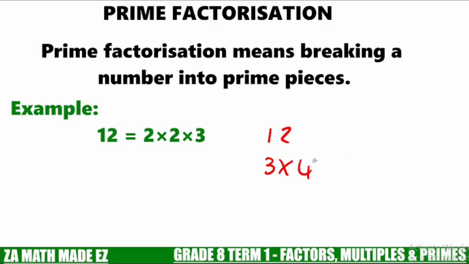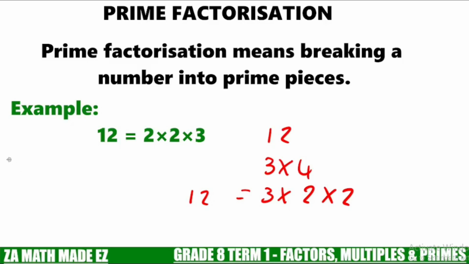But 4 is not a prime number, so we have to break down the 4 even further. So you can say 3 times 2 times 2. So 3, 2 and 2 are all prime numbers. Therefore, 12's prime factorization is equal to 3 times 2 times 2.